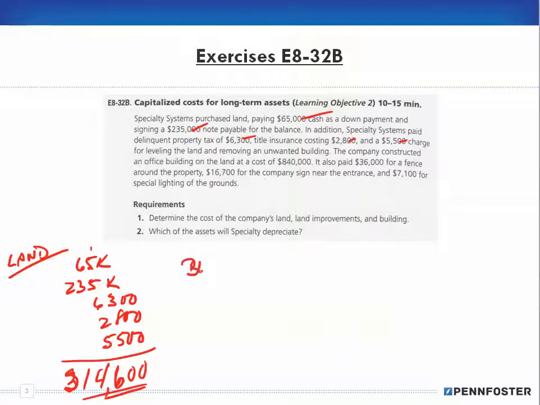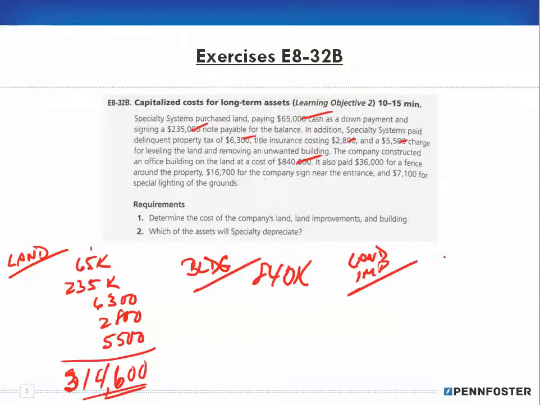All right. So for the building, they constructed the building on the land at a cost of $840,000. Okay. It also paid for a fence. Okay, so that would be land improvements.